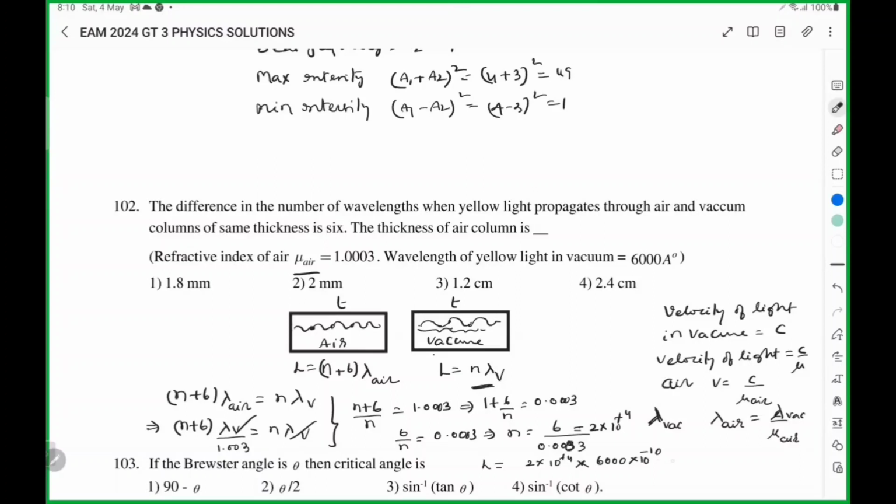So it is 12 into 10 power 4 into 10 power minus 3, which is nothing but 0.012 meters or 1.2 centimeters. So the third option is correct.